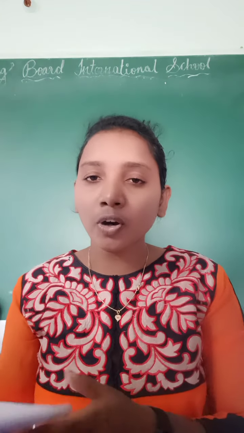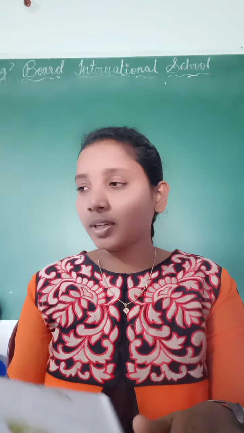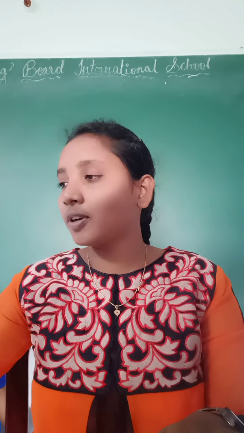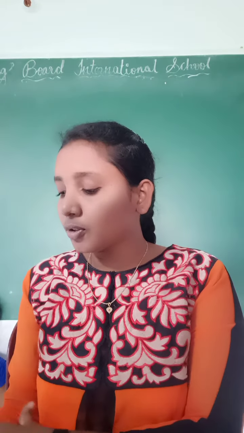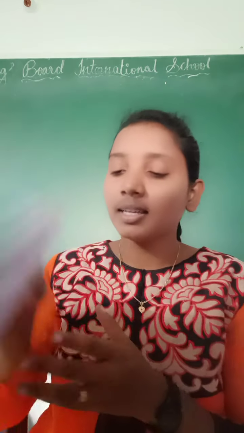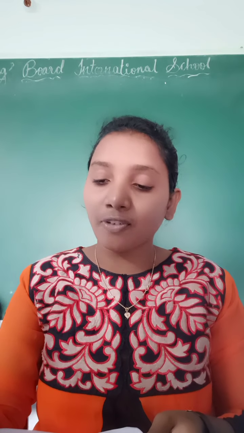And I am giving you homework, children. Everyone open Companion page 14. Companion page 14, 2E, is your homework, children. What you have to do here? See, fill in the blanks using the plural possessive forms of the nouns given in the brackets.